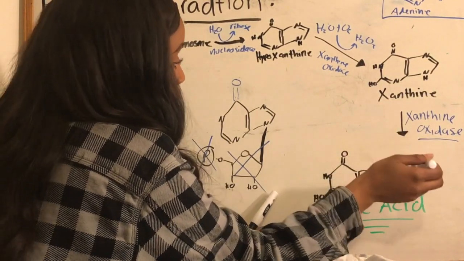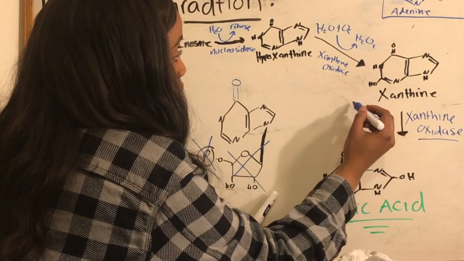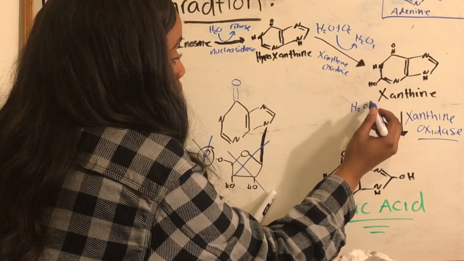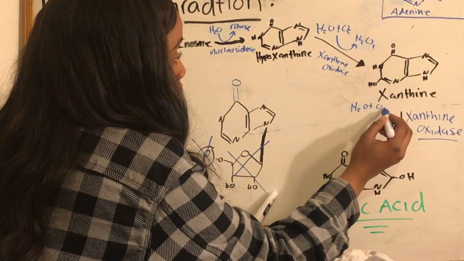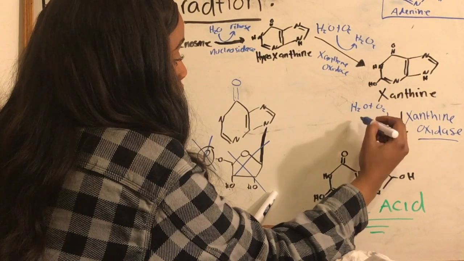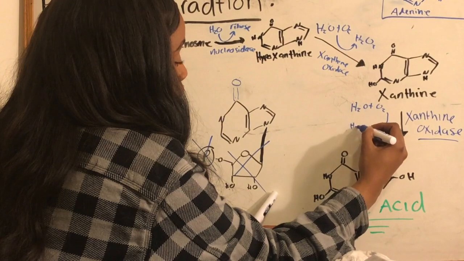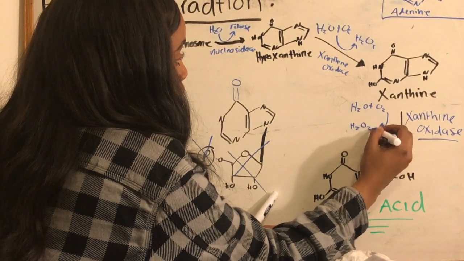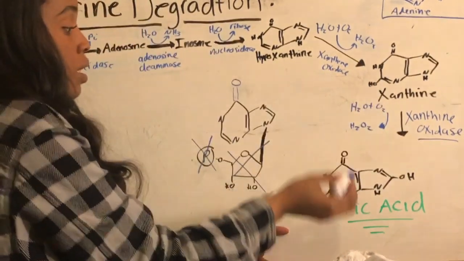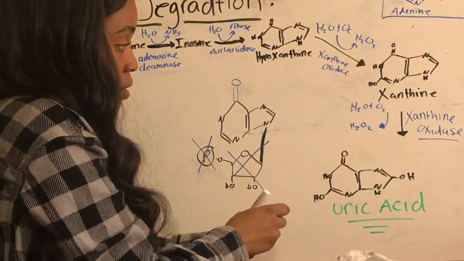And then that is further oxidized again using the same enzyme, with reduction of oxygen, to get us uric acid.